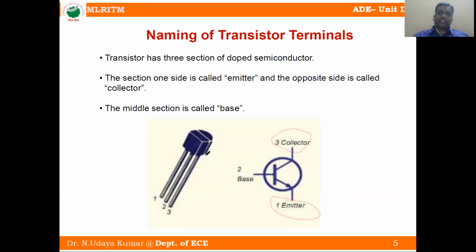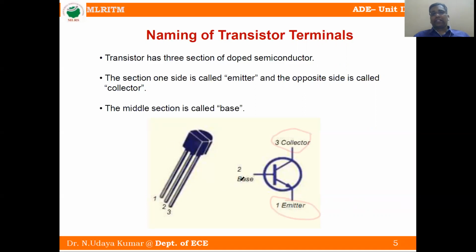This is the transistor, and on top a model name is written, like BC105, BC550. The flat section faces towards us; the first, left side terminal is the emitter, the second, middle one is the base, and the rightmost side is the collector.